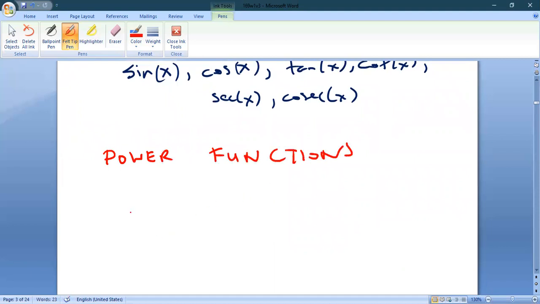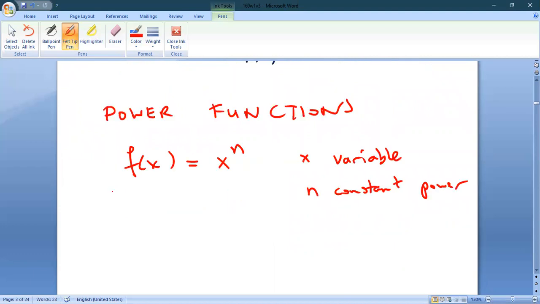So power functions are in the form x to the n. So x is a variable and n is a constant power.